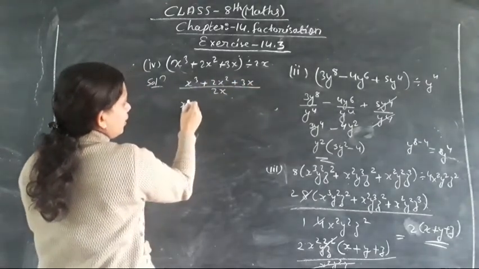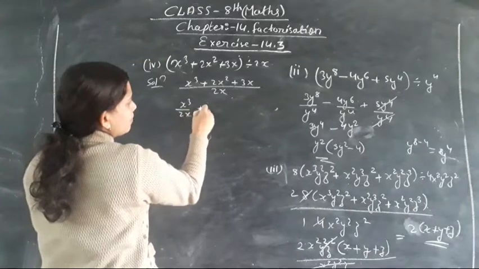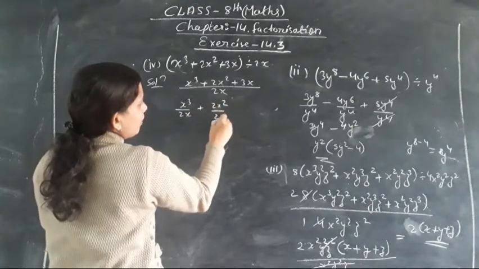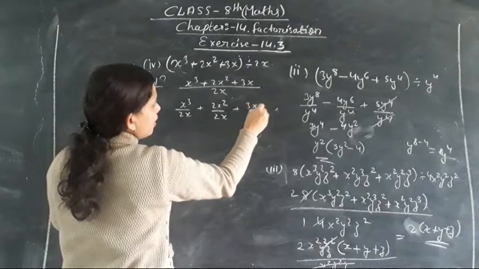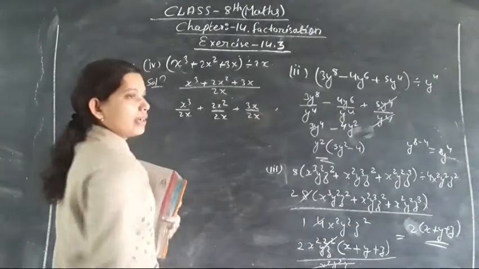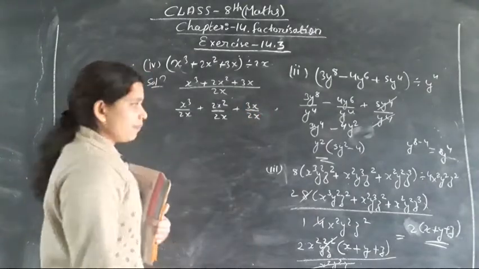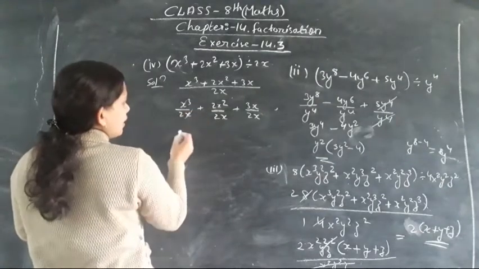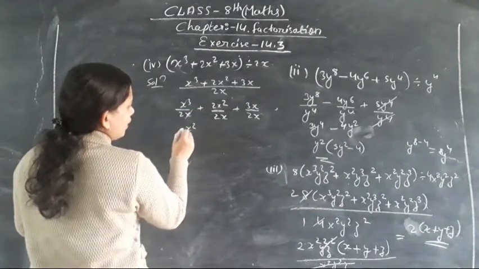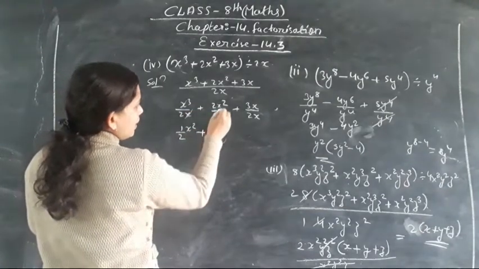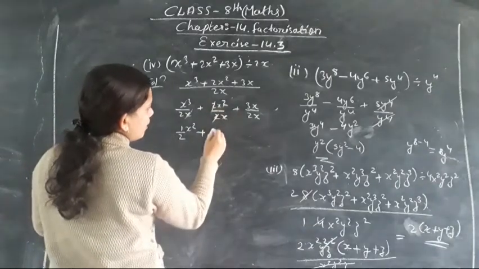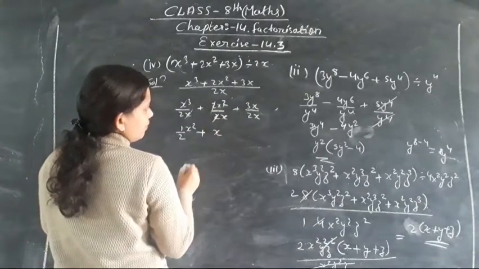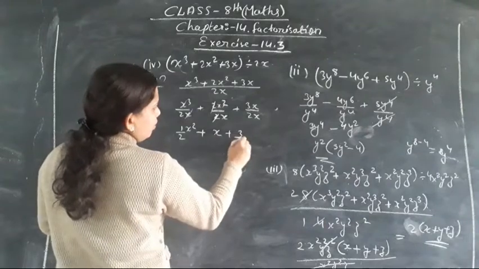So here x cube divided by 2x plus 2x square divided by 2x plus 3x divided by 2x. We had separated the denominators for each of the terms. Now here x and x will get cancelled. What is left? X square by 2 plus here 2 will get cancelled, x will get cancelled. What is left? X. Okay, plus 3 by 2 is left.